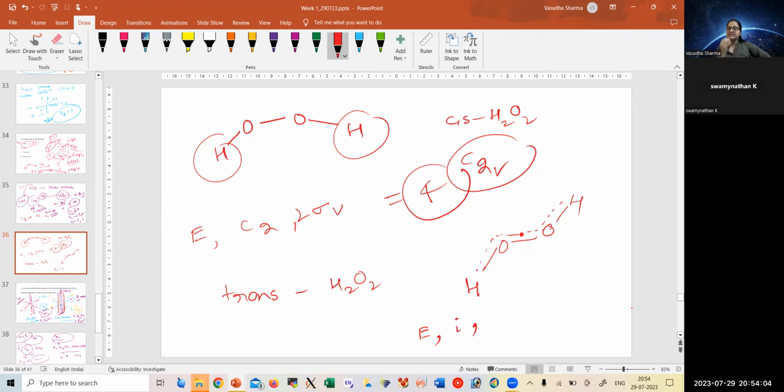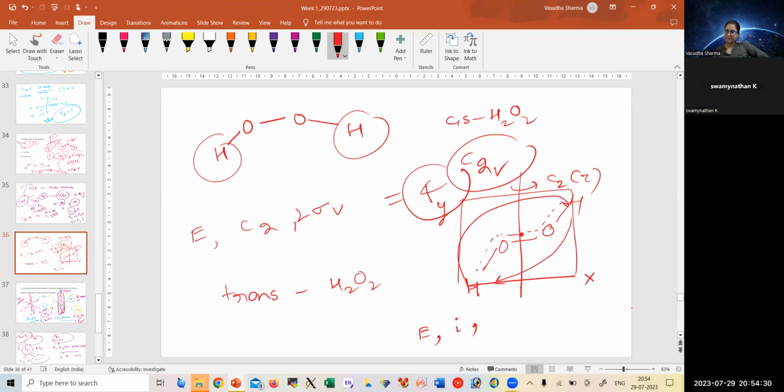Now, is there any C2 operation in the trans? If you consider this molecule in the XY plane, and I have a rotation of C2Z by 180 degrees, this H will go here and this will come here.